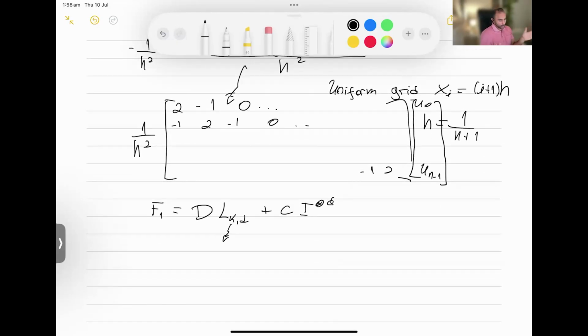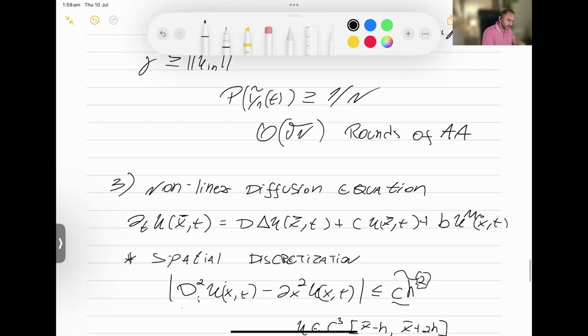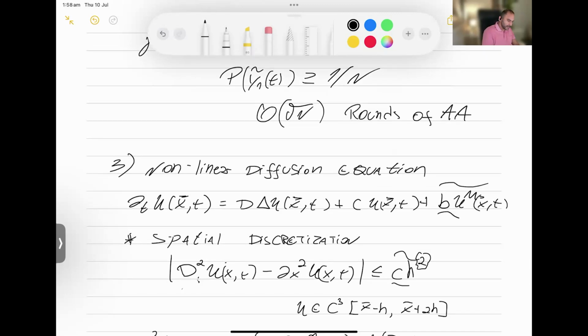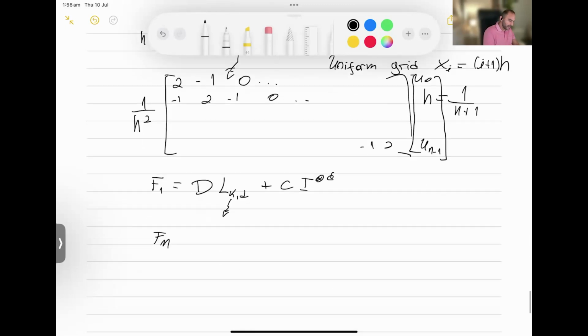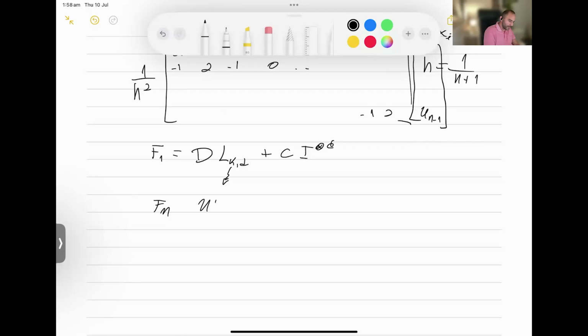So you can show that once you discretize, you end up with F1 rewritten in terms of the matrix, in terms of the Laplacian. And then Fm, once you discretize this nonlinear part here, you end up with the tensor, the Kronecker product of Um.